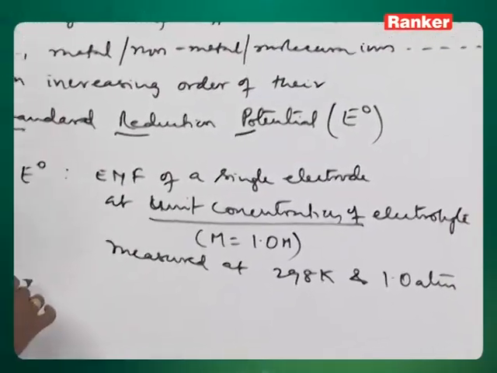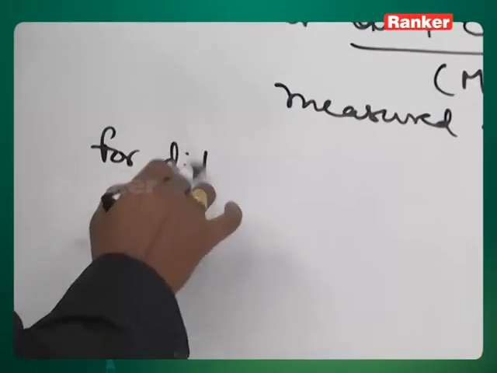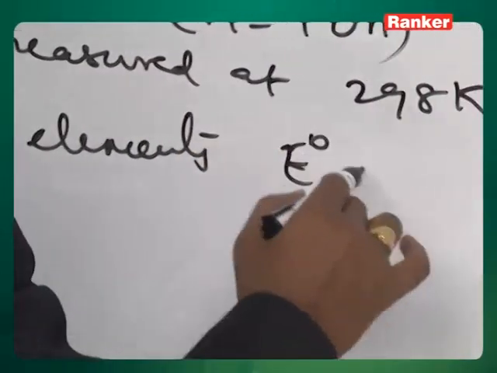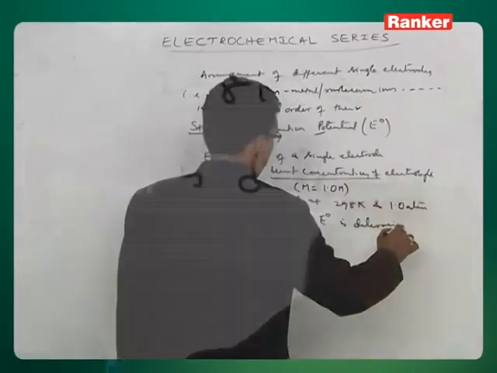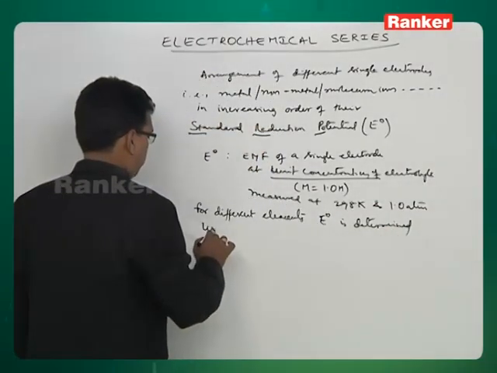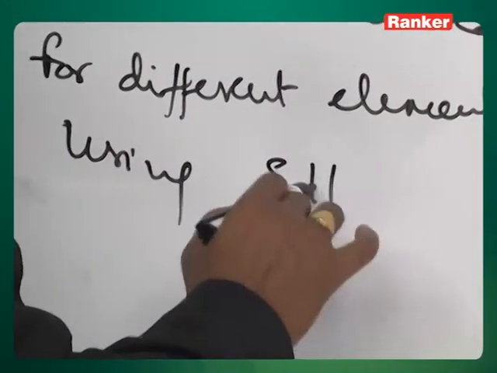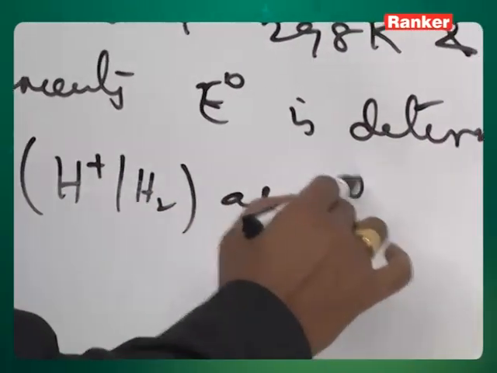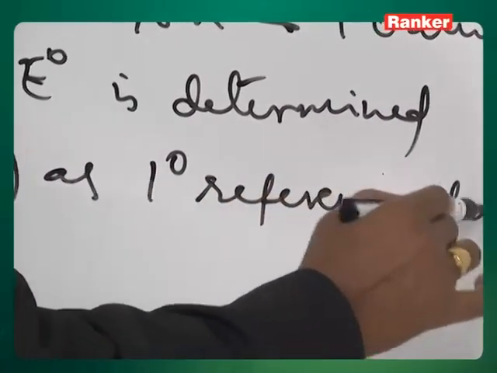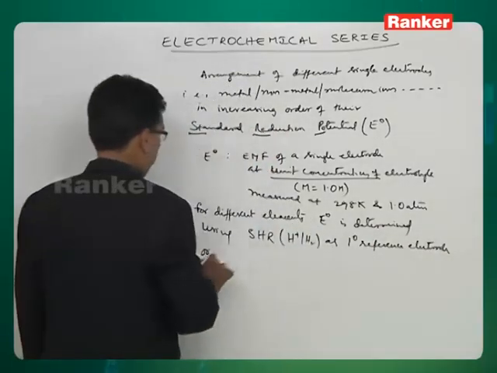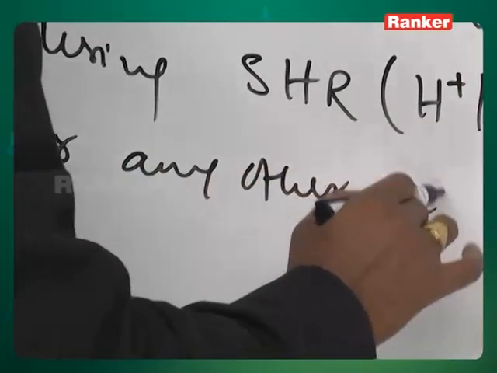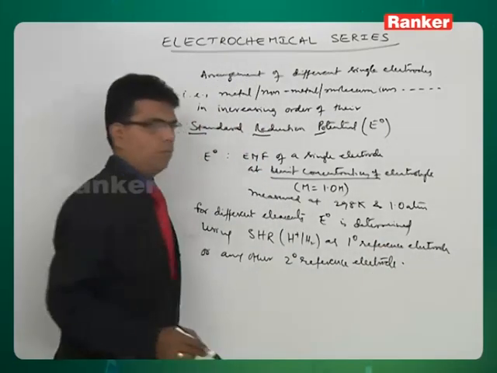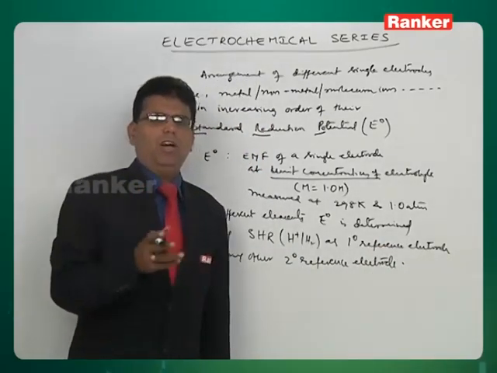Now, for different elements, E naught values are determined using standard hydrogen electrode as primary reference electrode, or any other secondary reference electrode, that is either a calomel electrode or quinhydrone electrode.